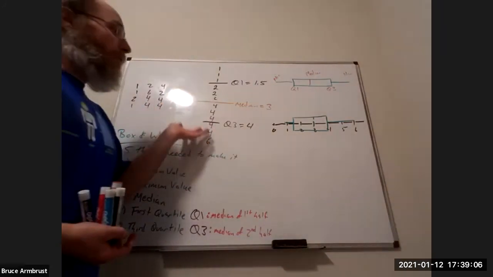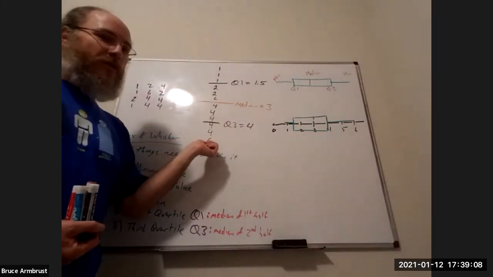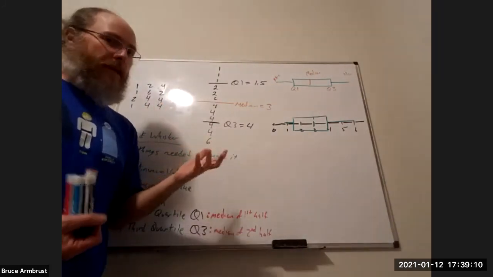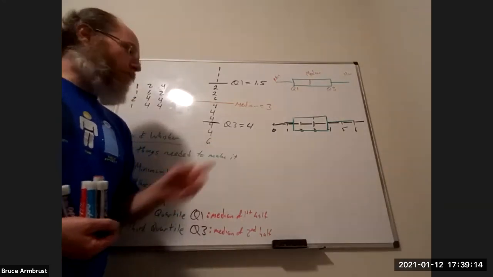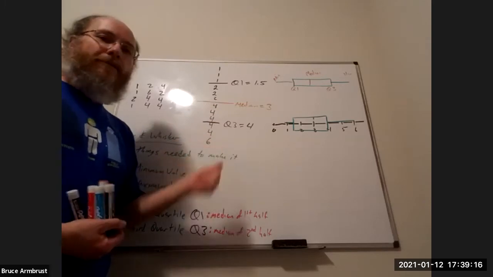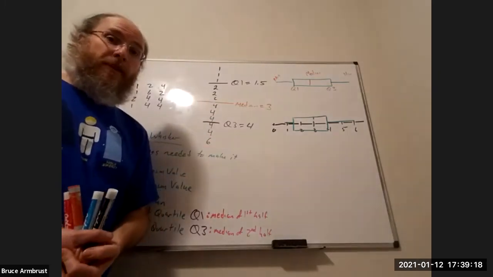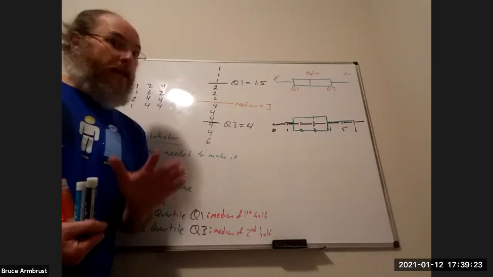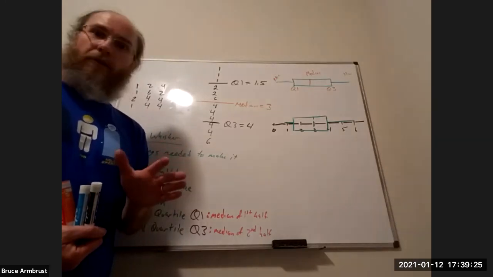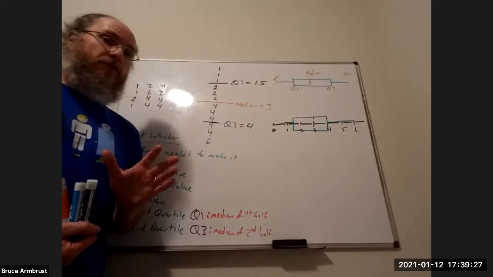Now, in our example, 6 isn't really that crazy, right? Having 6 siblings isn't unheard of. But you can imagine, what if we asked this question and the maximum number was 60? And someone said, ooh, I've got 60 siblings. That would be weird, right? That would be extremely unusual.